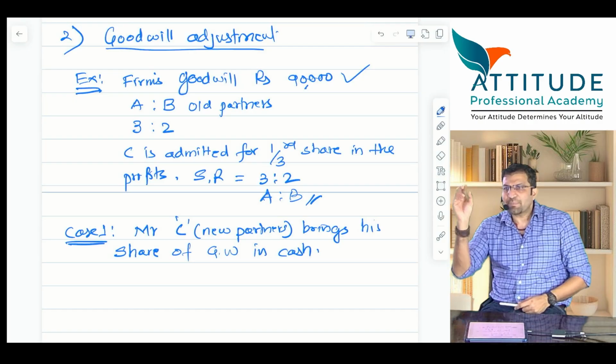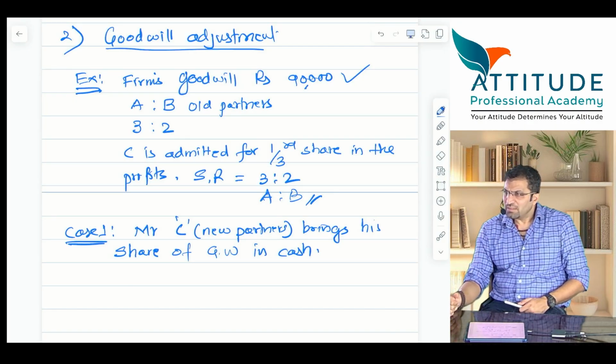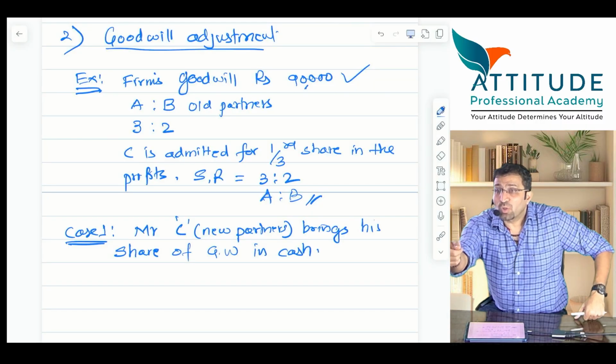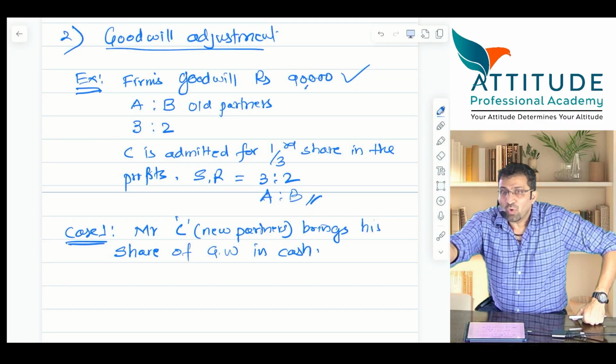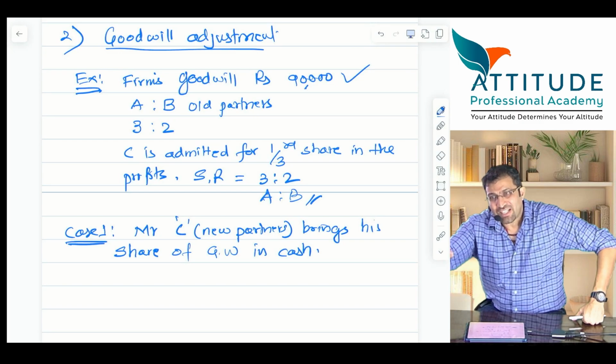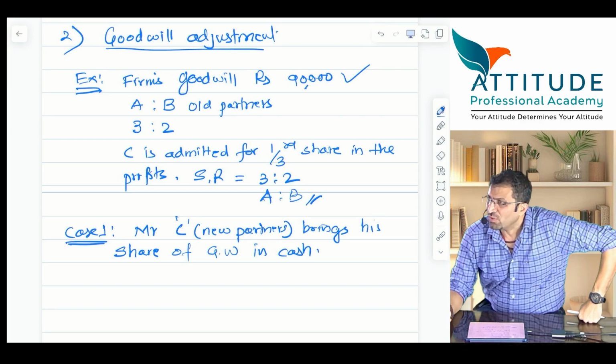Now, I explained the concept of goodwill to you. Why should I bring goodwill? The reason is to compensate old partners because they are sacrificing their share in the future profits. For that they should be compensated, yes or no?